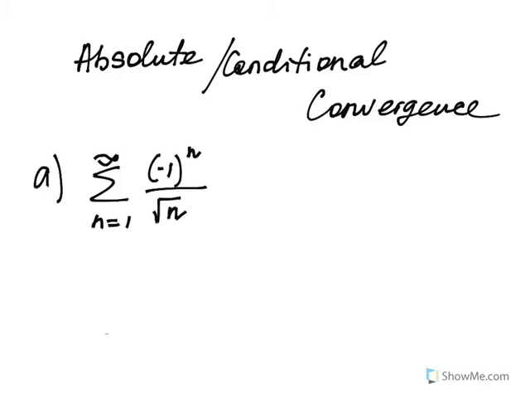So let's first do it the regular way, use the alternating test and see what happens to this series. And we are going to consider the two separate conditions and see if both work.